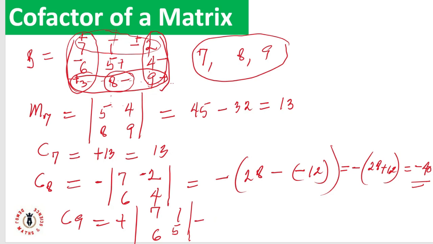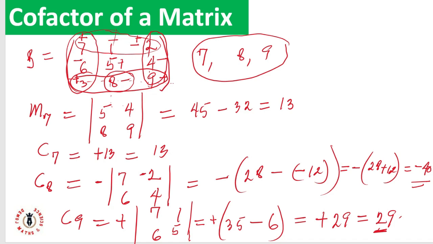So this will come from plus 7 times 5, that's 35, minus 6, which equals 29. This helps you understand how to work with the cofactor of a matrix. In case you have gray areas, please do not hesitate to use the comment section. We'll be there to respond to your questions.